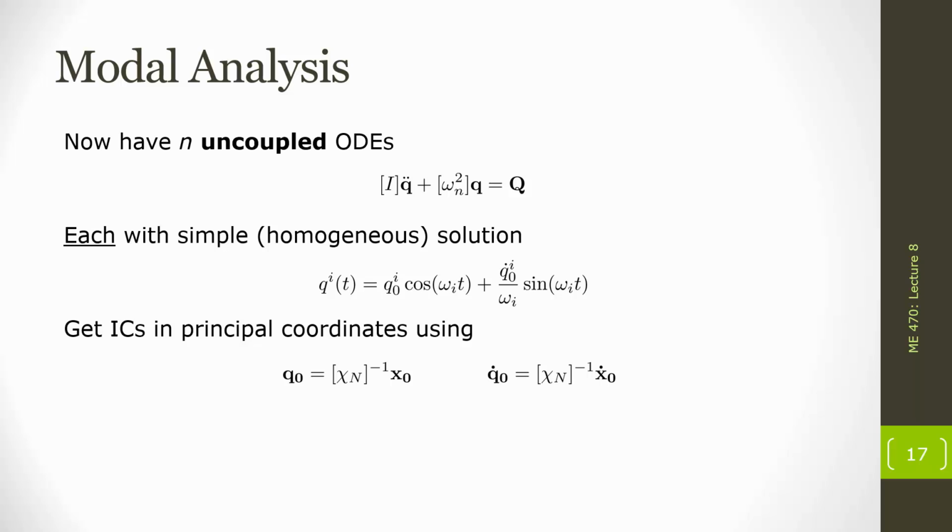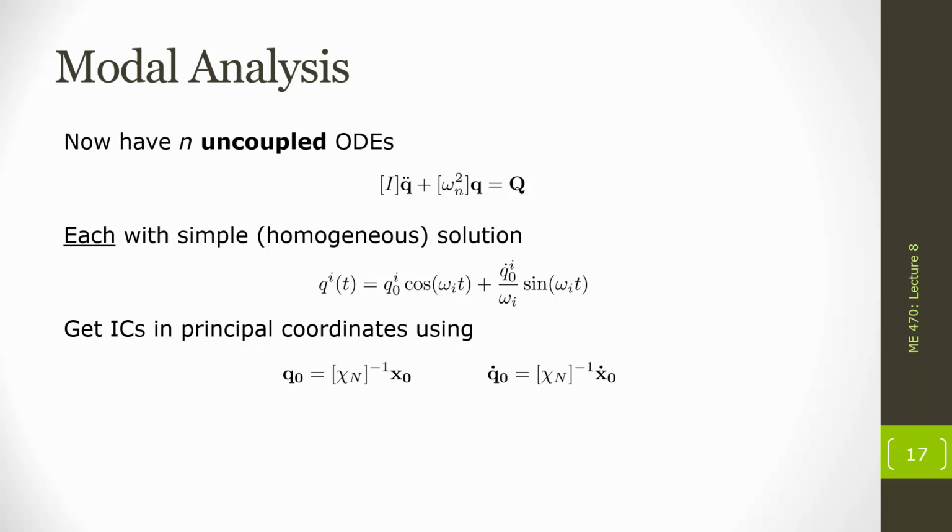So one of the last steps is, if we have our initial conditions in our original coordinates, both for position and velocity, by pre-multiplying by this mass-normalized modal matrix inverse, we can get our coordinates into these principal coordinates. Then we can take this q naught and q naught dot, put those in the above equation, and get closed form solutions for q1, q2, q3, and so on, the principal coordinates.